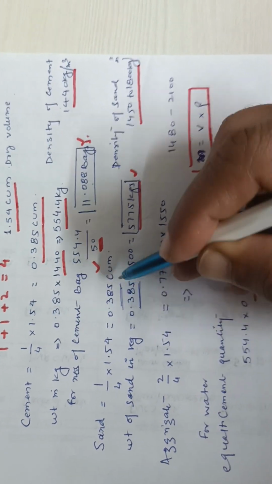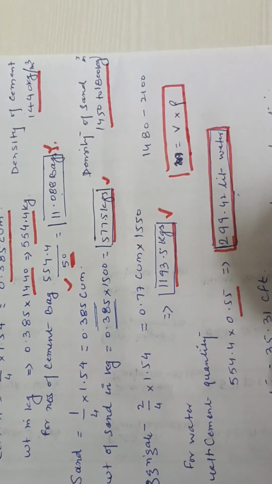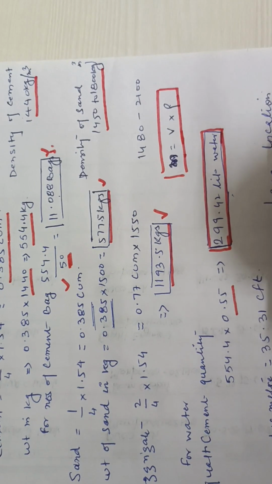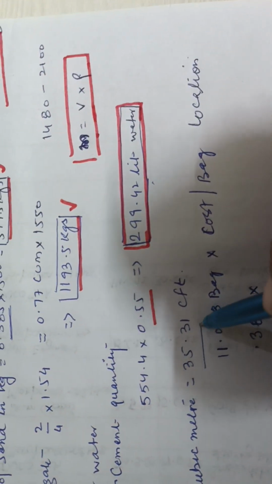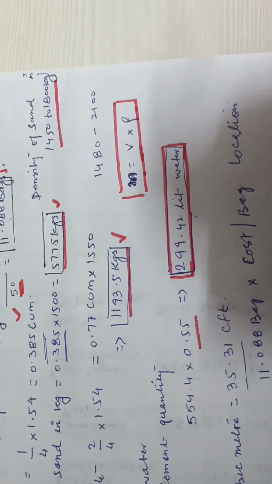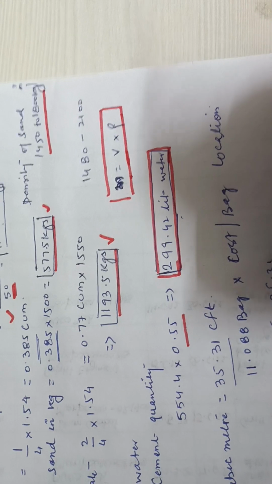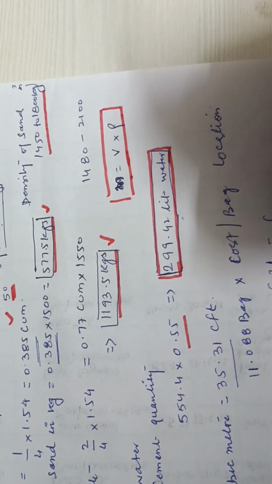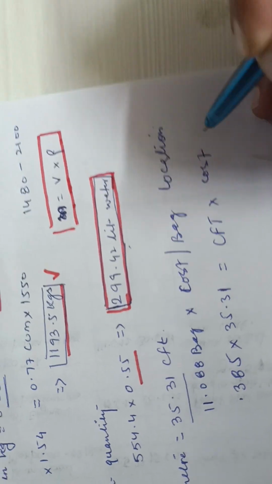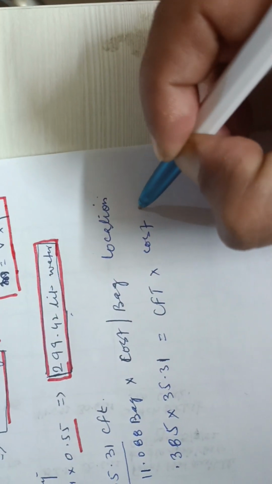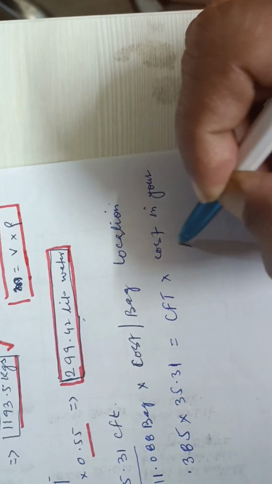You can convert cubic meter into cubic foot: 0.385 multiplied by 35.31, since 1 cubic meter comes to 35.31 cubic foot. You will get it in CFT, then multiply by the cost in your location.